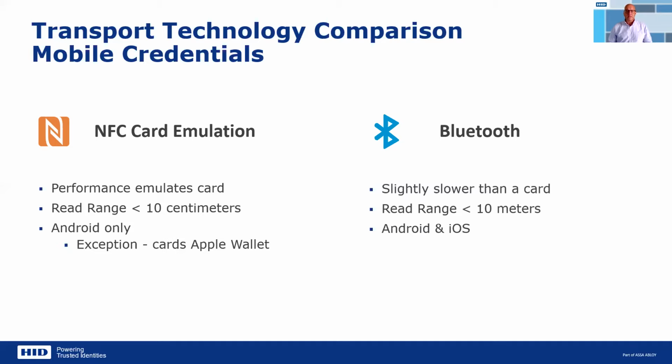There is a significant limitation of using these two technologies on the different types of smartphones. Whereas Bluetooth is enabled typically on all Android and iOS phones, NFC card emulation you can use only on Android phones. There are exceptions, and these are the cards which are stored in Apple Wallet.